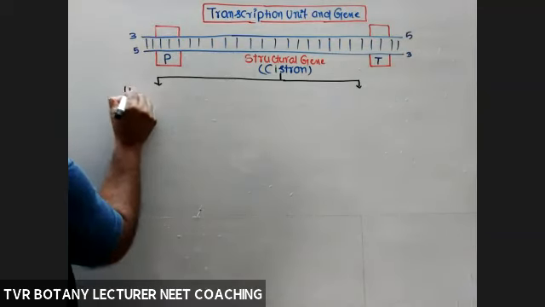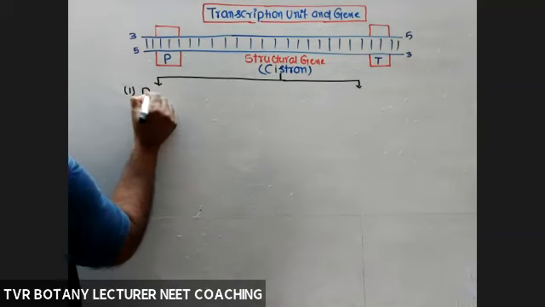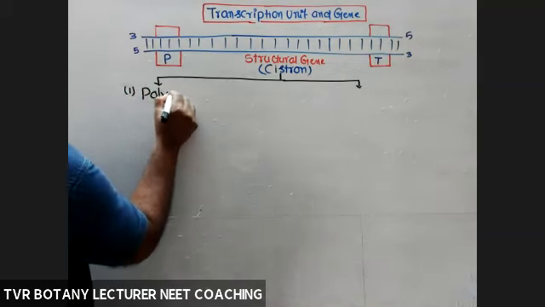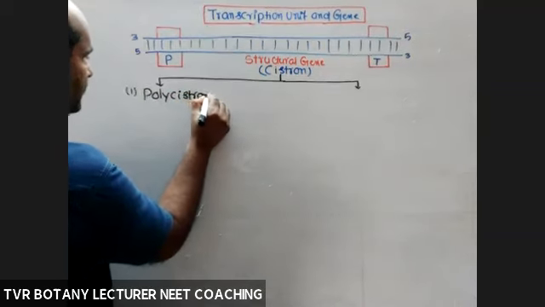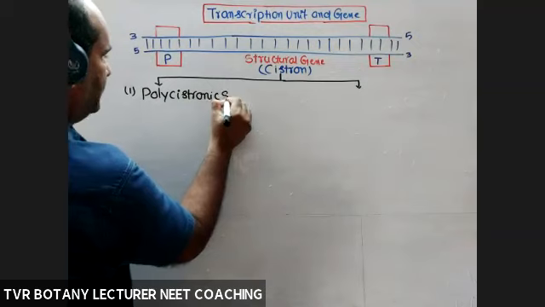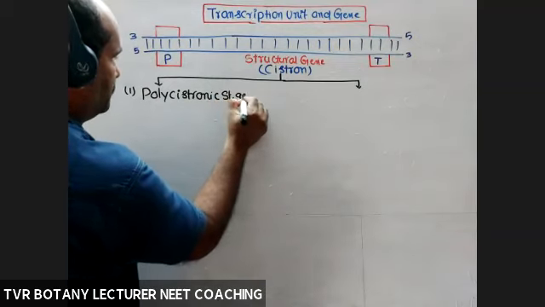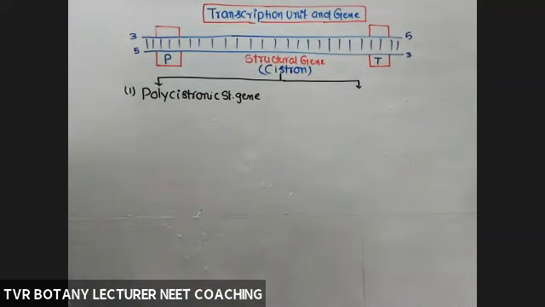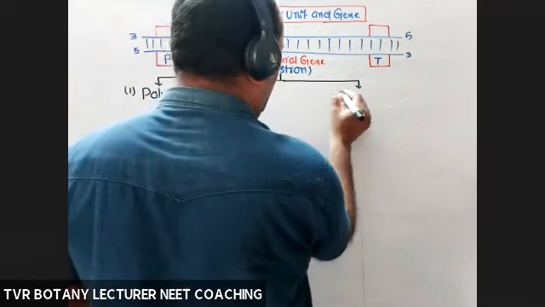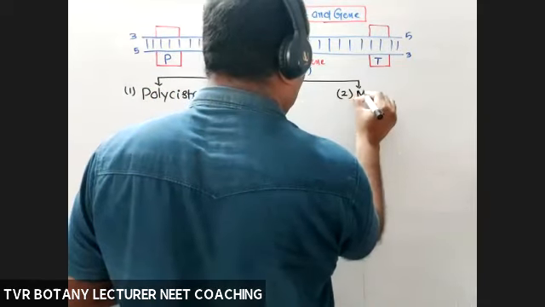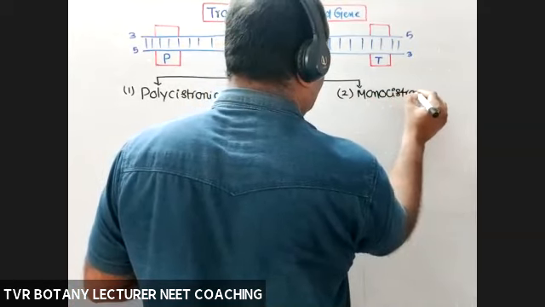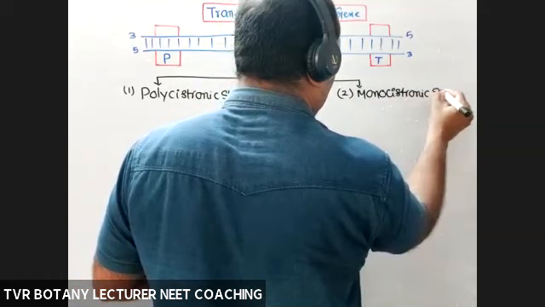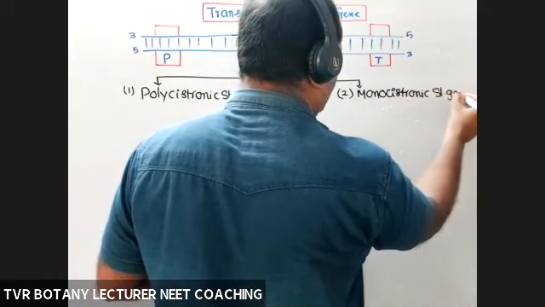So the first one is the polycistronic structural gene. This one, monocistronic structural gene.